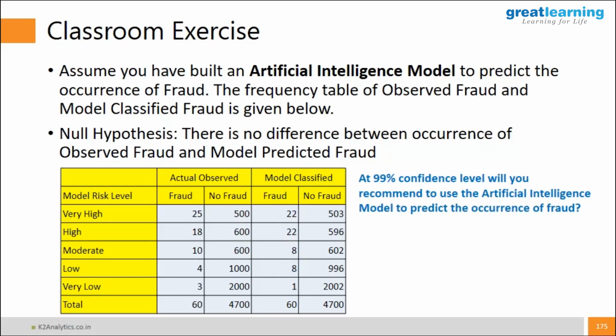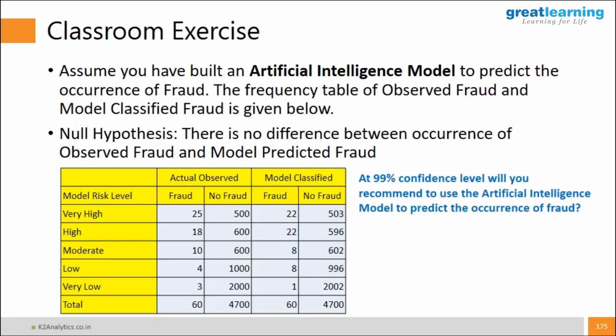Do you want this number and this number to match or not match? Why do you want it to match? Because only then, if the expected numbers were very close to the model, the model is right. So in this case, your objective will be for the null hypothesis to hold or to fail?